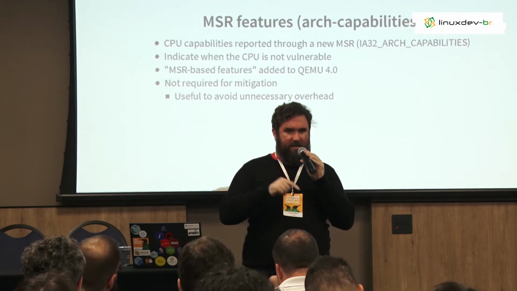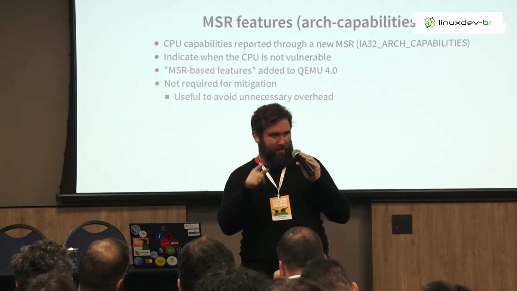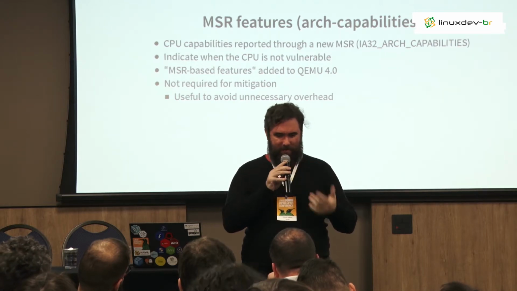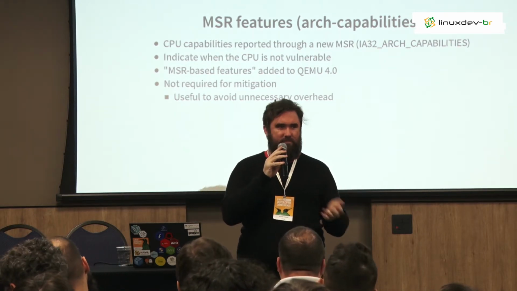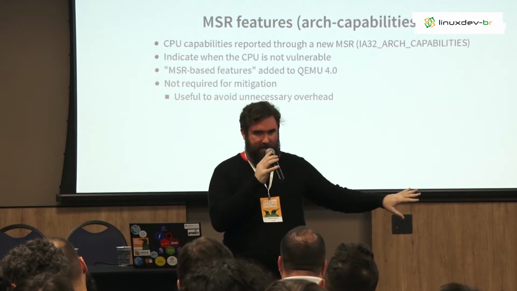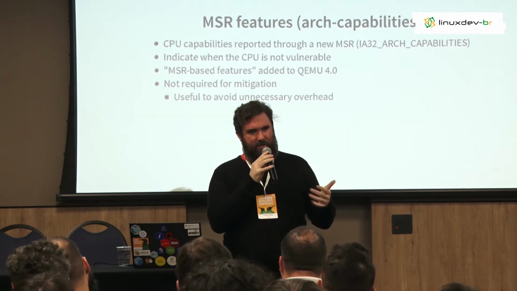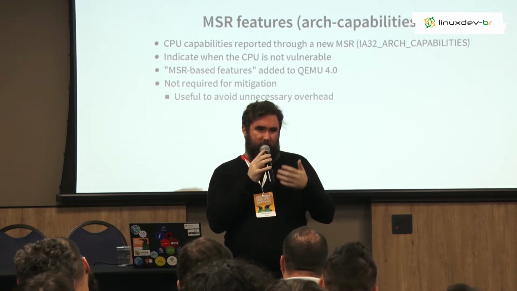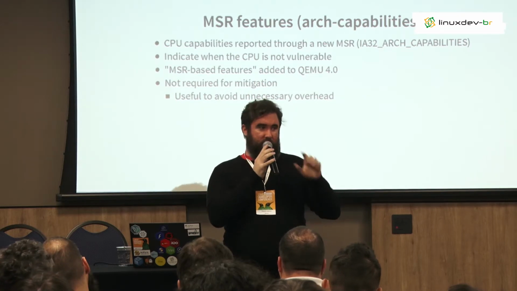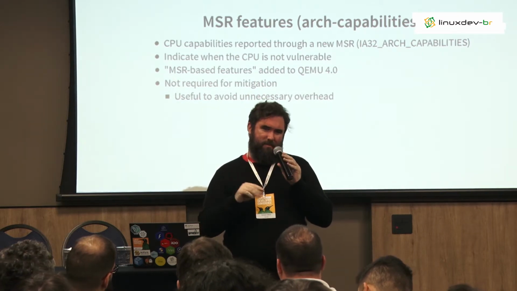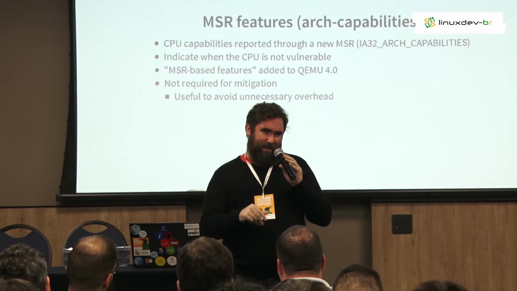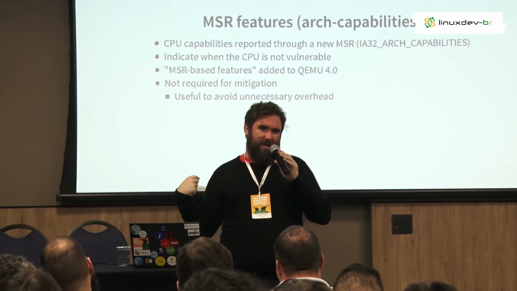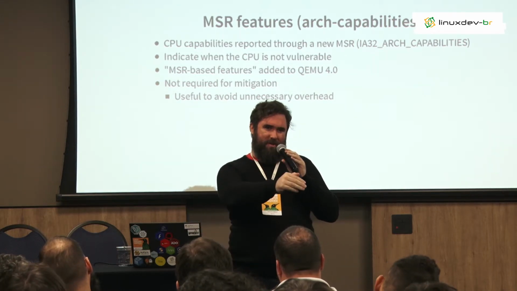So the effect here is not that you're going to stay vulnerable. The effect is that the guest will think you're vulnerable when you are not. So you have a CPU that's fixed, it's not vulnerable anymore to that bug, but inside the guest will think it's vulnerable. It looks bad, but it's actually a good idea because remember live migration? You want to be able to migrate to another host.